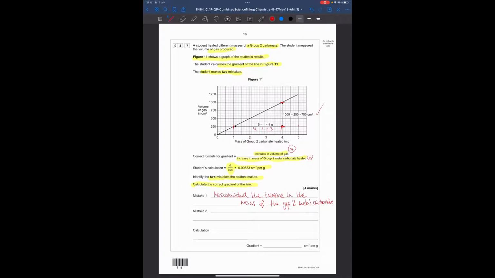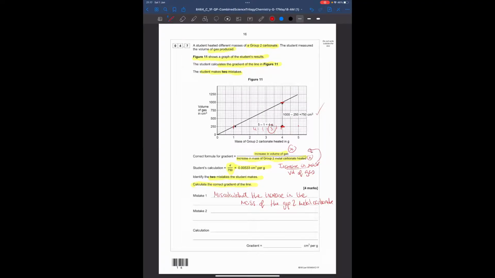Mistake number 2 then, if we have a look at what they've done, so we've got our 2 numbers now, 750 and 3. They did 4 divided by 750. Well, what they've done then is divide the increase in mass over the volume of gas, which is the wrong way round.